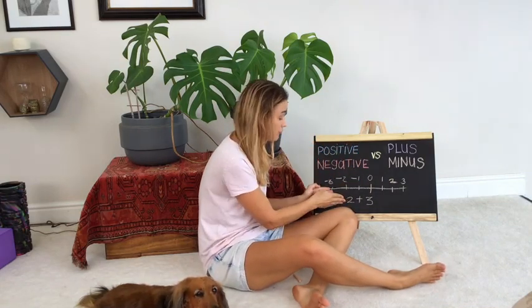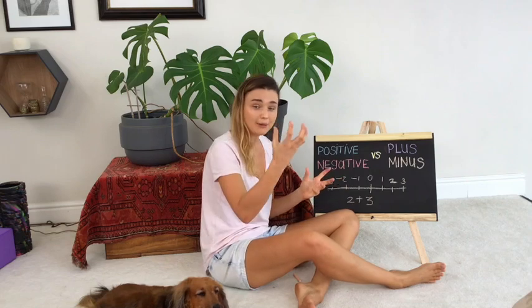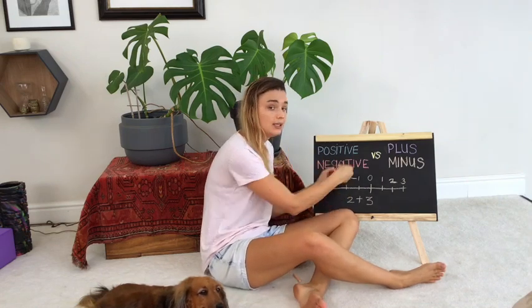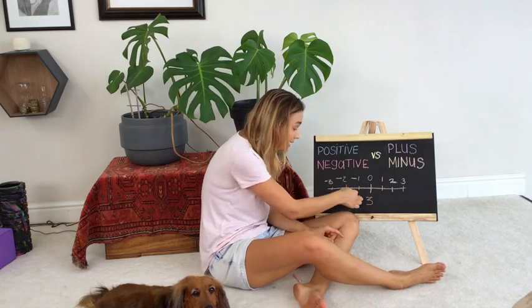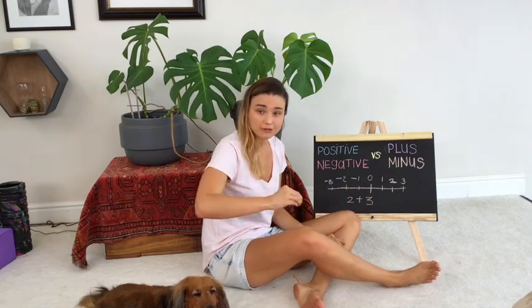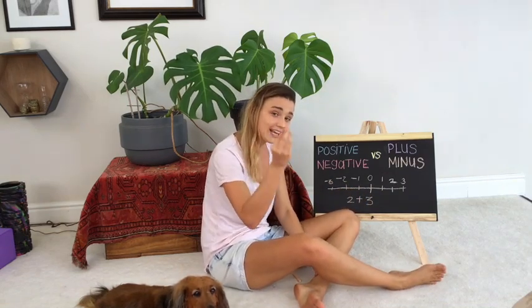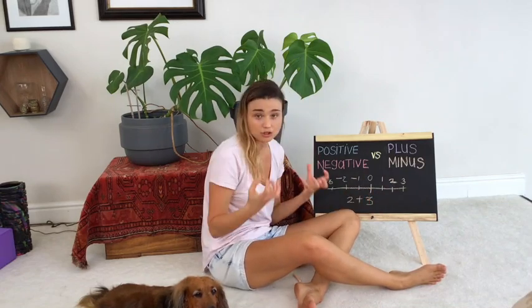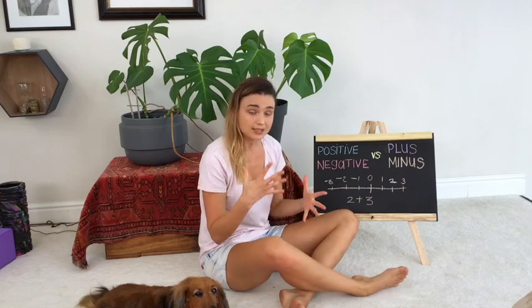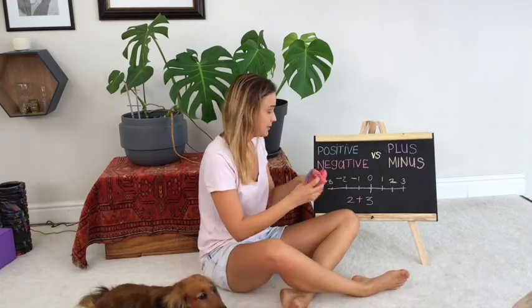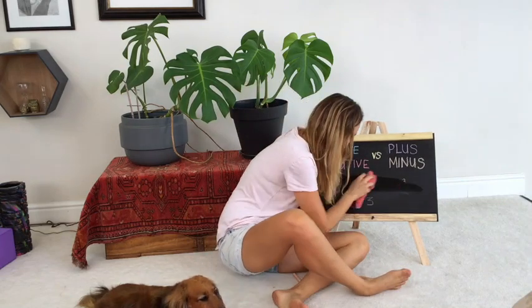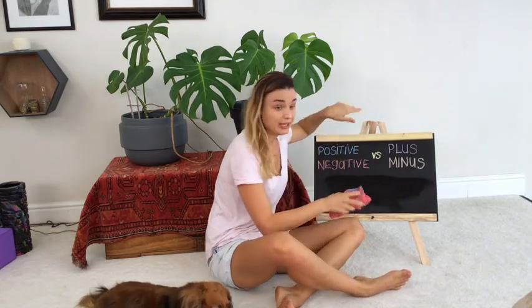So positive 2, describing where 2 is on the number line, plus positive 3. So your plus sign is your action, right? Your operation. This is saying, what are you going to do with these two numbers? All right. So I think it's very important that we understand the difference between positive, negative, plus or minus. So now we can actually get started.